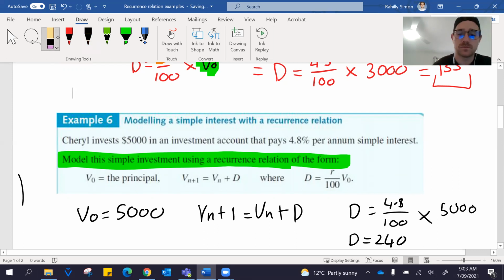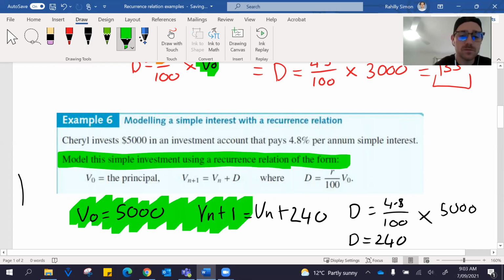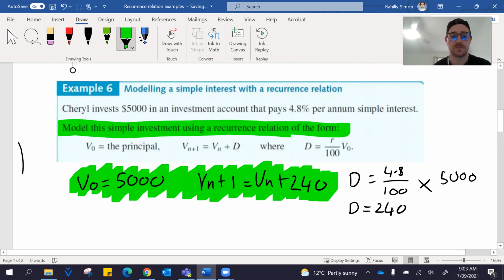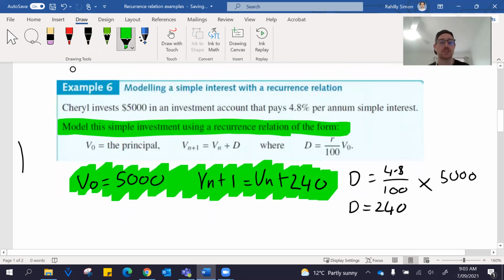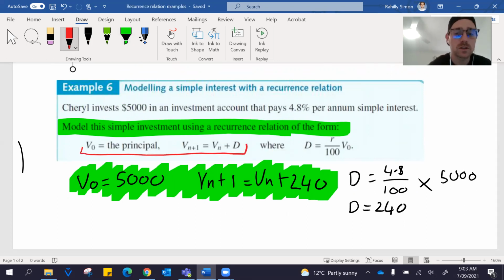So then, instead of doing plus D, you would do plus 240. And this whole thing is a recurrence relation that's been modeled. Okay, so that's how we actually put it into a recurrence relation form. You have to write the whole formula, but you substitute your principal and the D, which you work out by using this formula here.